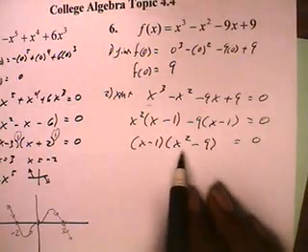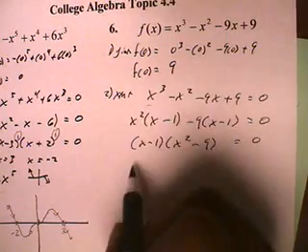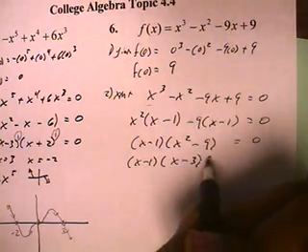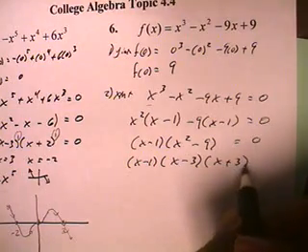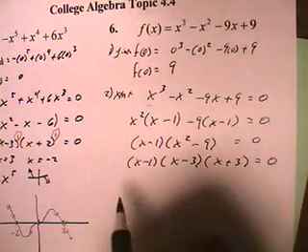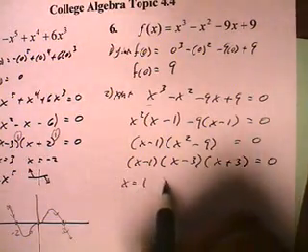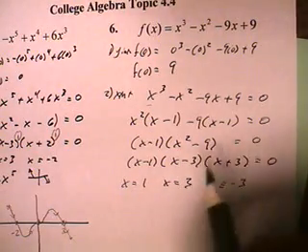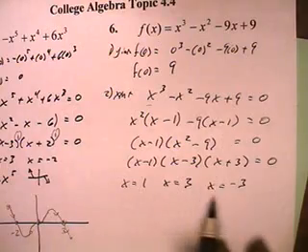And then I'll factor the x squared minus 9, because that's a difference of two squares, into two conjugates, x minus 3 and x plus 3. Therefore, my zeros are x equals 1, x equals 3, and x equals negative 3, or my x-intercepts.